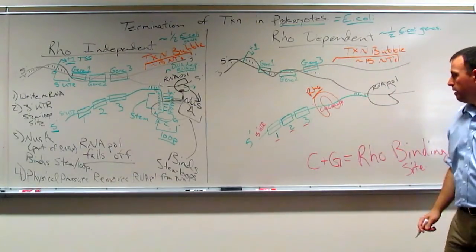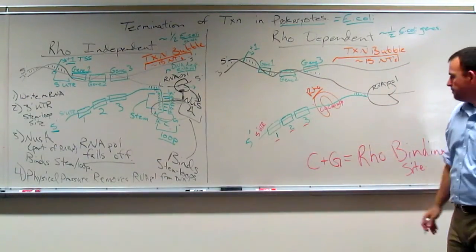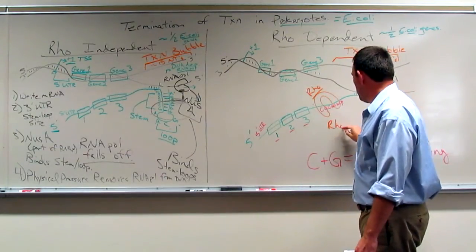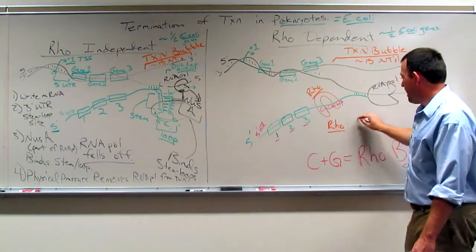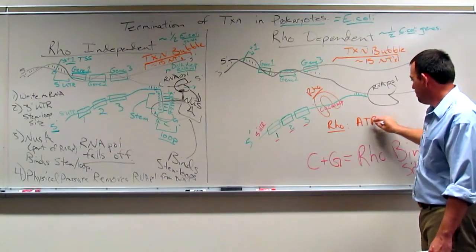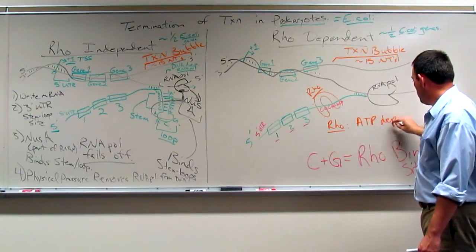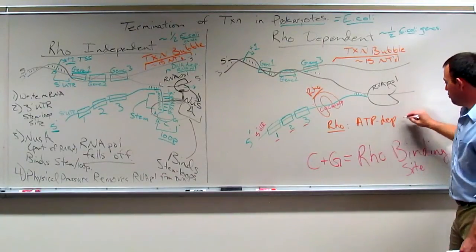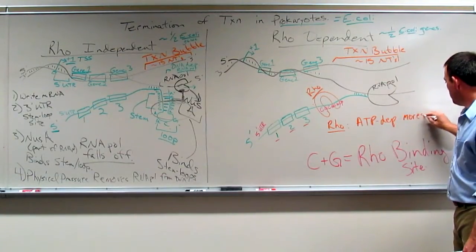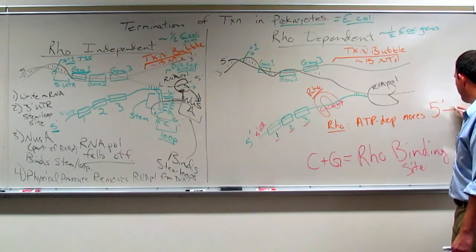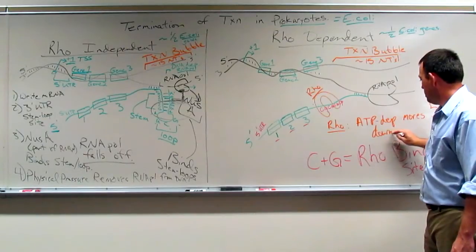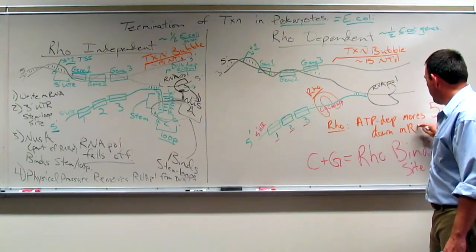Okay? Rho's really special though. So Rho, in an ATP-dependent manner, burning ATP, utilizing ATP, moves in a 5' to 3' direction down mRNA molecules.